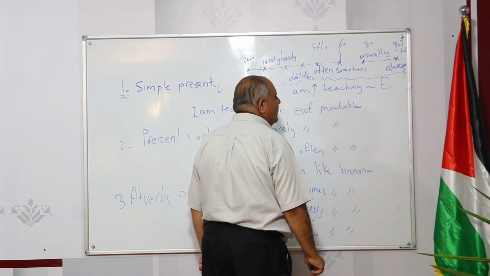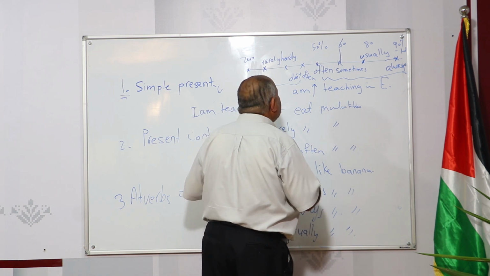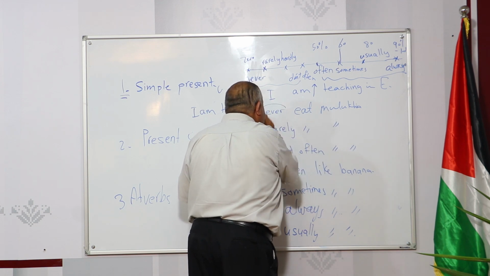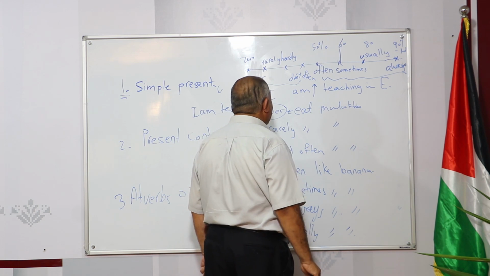I am always teaching in English. If you do not have verb to be, like I never eat, you put the adverb of frequency before the full verb or the main verb.